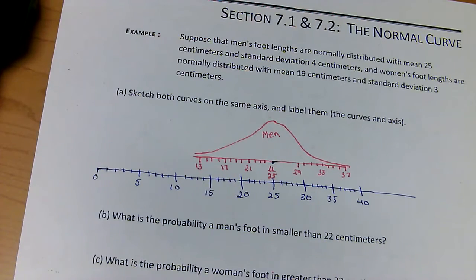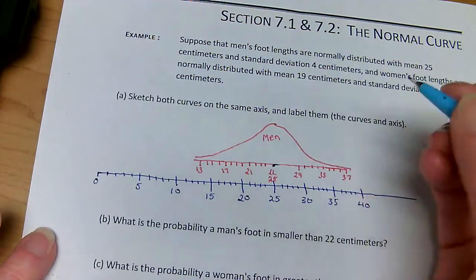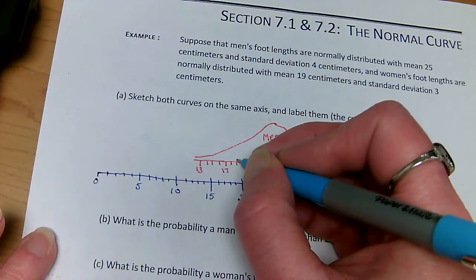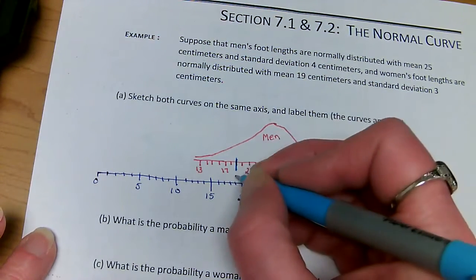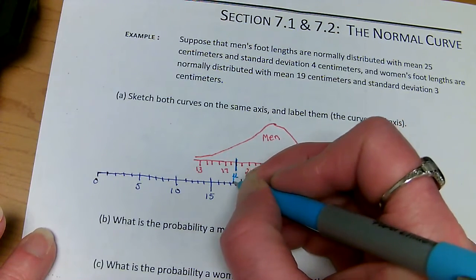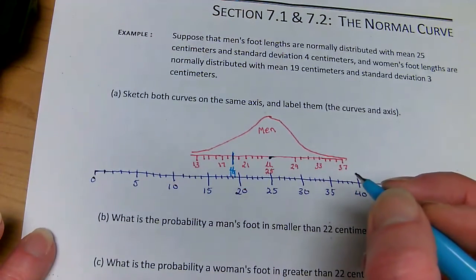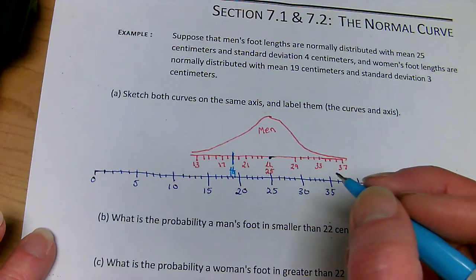Now let's look at the women's foot lengths. Okay, so women's, let's do pink. Oh, pink is too close. Let's do a blue then. Blue. All right, they have a mean of 19, and their standard deviation is 3.